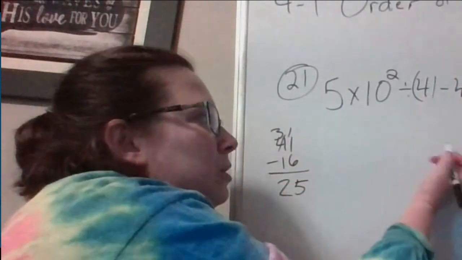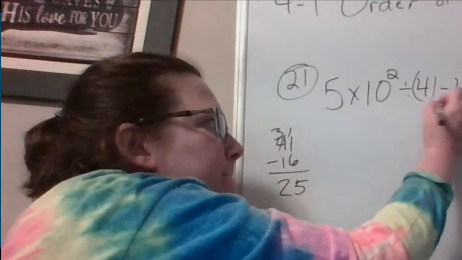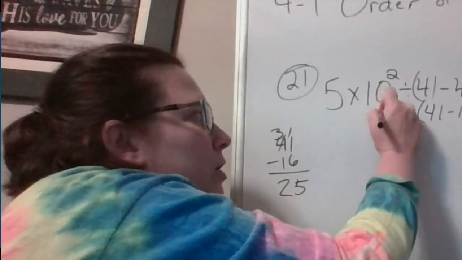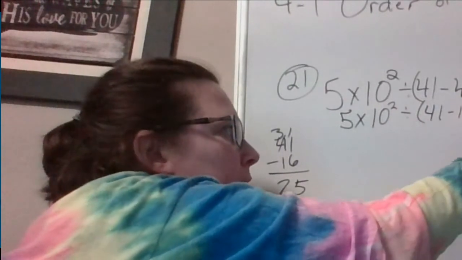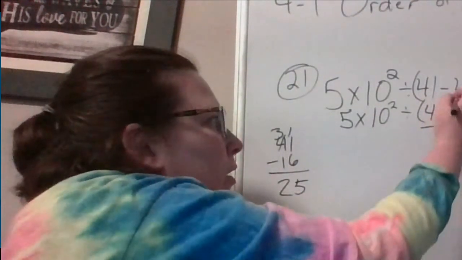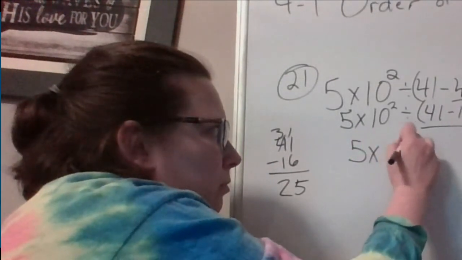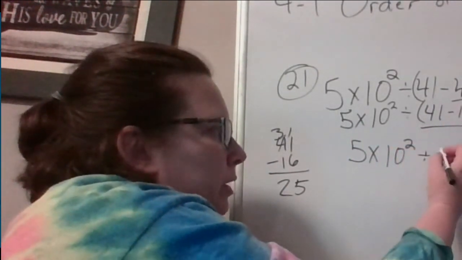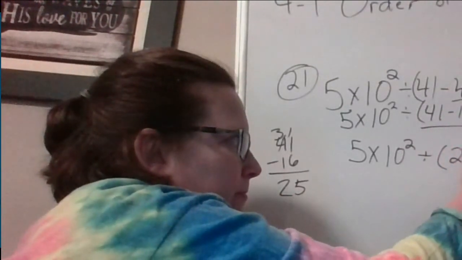So let's do this. And you're going to have to guess and check on these. So I'm going to go ahead and start checking here. First I did my exponent. Now I'm going to finish up what's inside my parentheses.